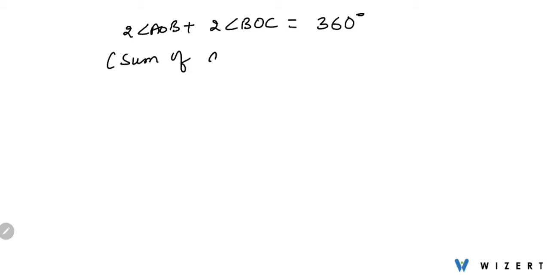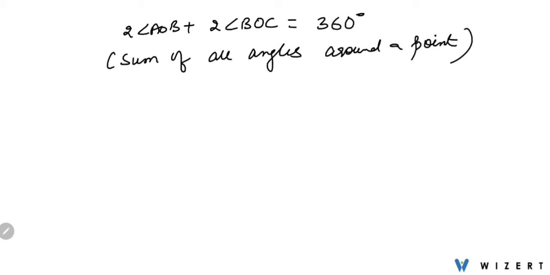Why? Because the sum of all angles around a point is 360 degrees. So from here we obtained angle AOB plus angle BOC as half of 360 degrees, that is 180 degrees.